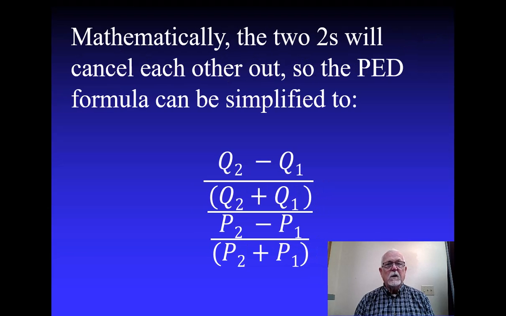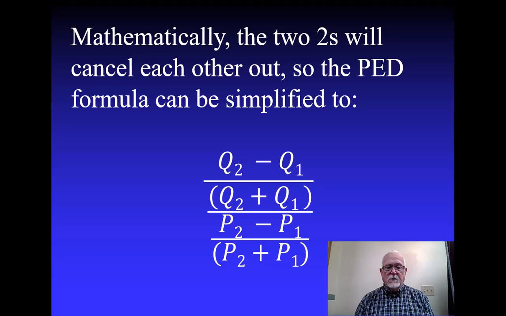Mathematically, some of that will cancel out, and the formula can be reduced to the difference in the quantities divided by the sum of the two quantities, divided by the difference in the prices divided by the sum of the prices. Again, that's just a mathematical simplification of fractions divided by fractions.